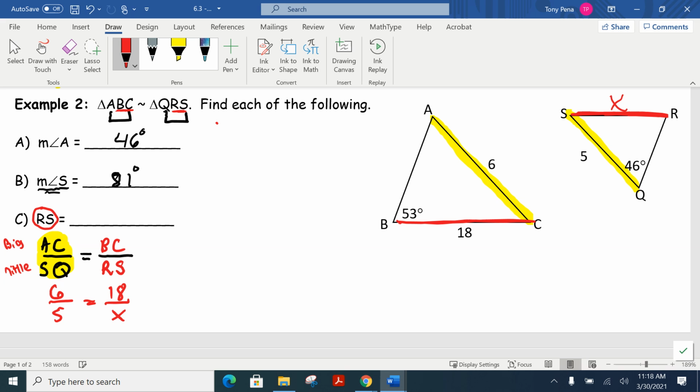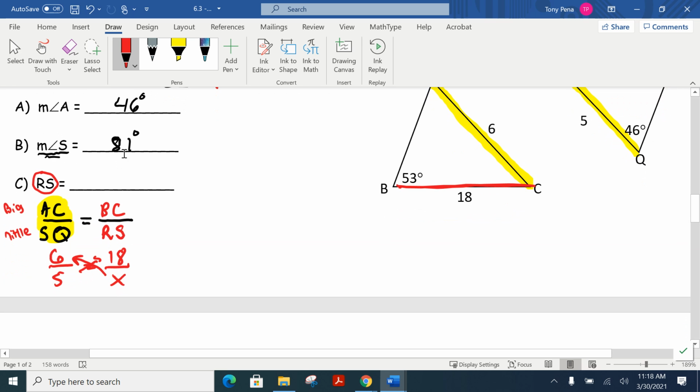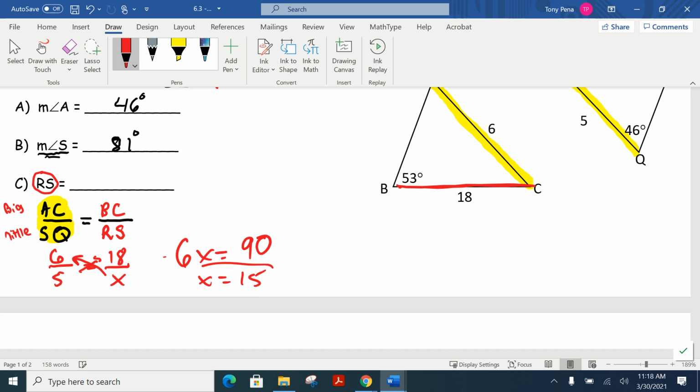That's the variable that we're trying to find. That's the proportion we can then get set up. You just crisscross, multiply those. 6x is going to equal 90. And then divide by 6, and we get x to be 15.